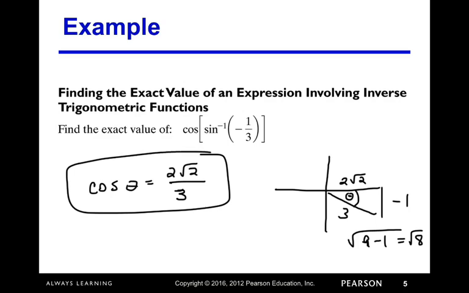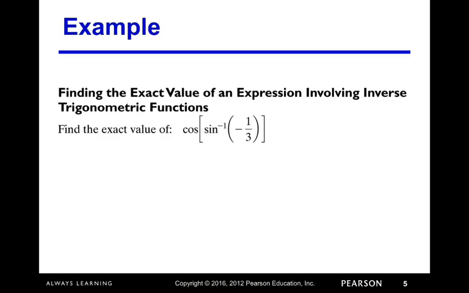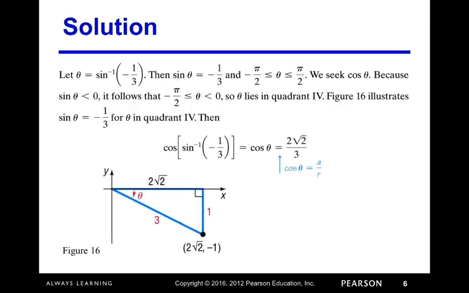So that would be the cosine of the angle that has a sine of -1/3. Okay, and there's the drawing that they did, a little neater than mine, and they got the same answer.